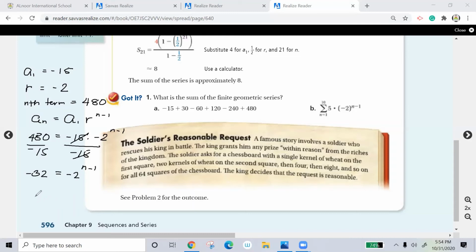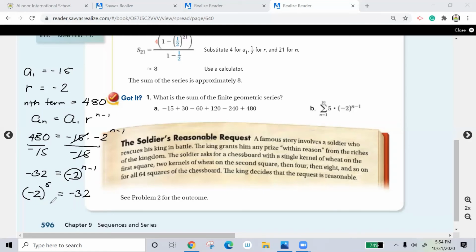Okay, next. Since we have negative 2, what is the exponent of negative 2 that gives us negative 32? Can you think? Negative 2 raised to what number is negative 32? Yes, negative 2 raised to 5.